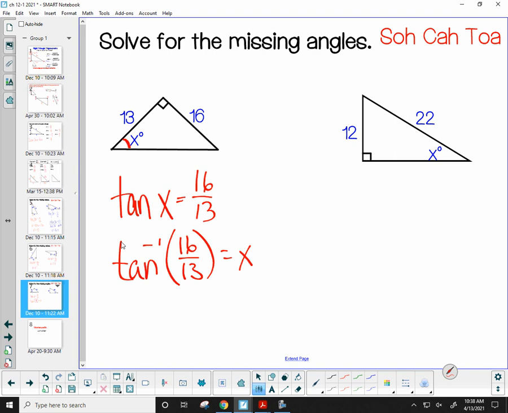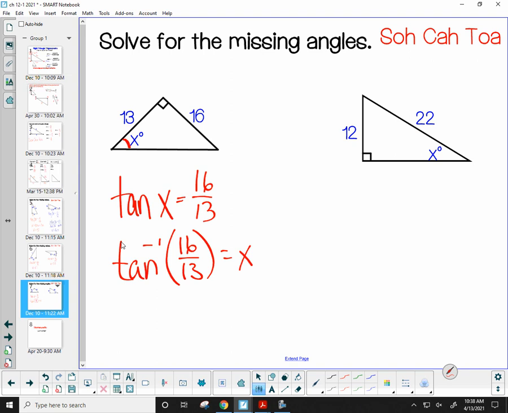So that power of -1 means inverse. If you see your sine, cosine, and tangent buttons, above each of those you see sine to the -1, cosine to the -1, tangent to the -1. We're working backwards. So you're going to press second tangent and then tell it the ratio, 16 over 13, and hit enter.